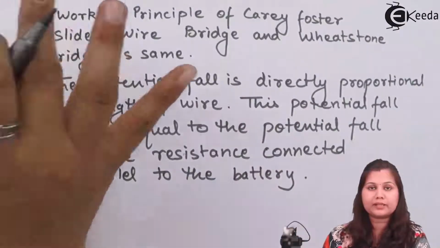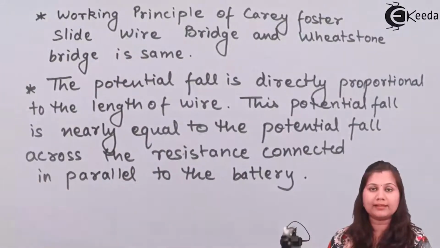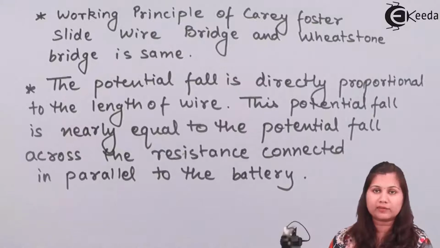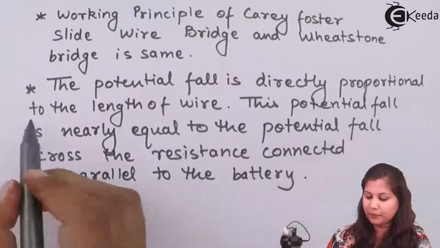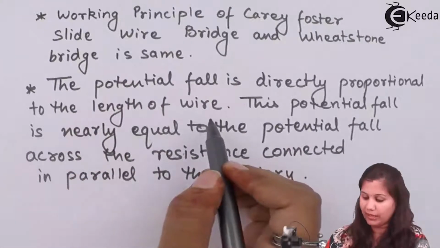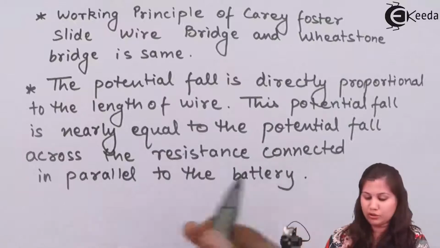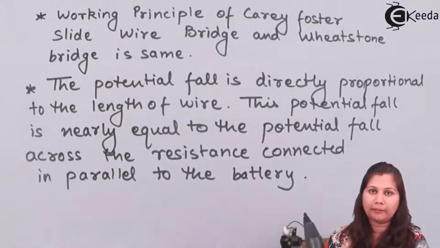So what is the working principle of the Wheatstone bridge? The bridge is balanced when the ratio of the resistances is equal, or we can say the galvanometer gives null deflection when no current is flowing through it. Here also the potential fall is directly proportional to the length of the wire, and the potential fall is nearly equal to the potential fall across the resistance which is connected in parallel to the battery.